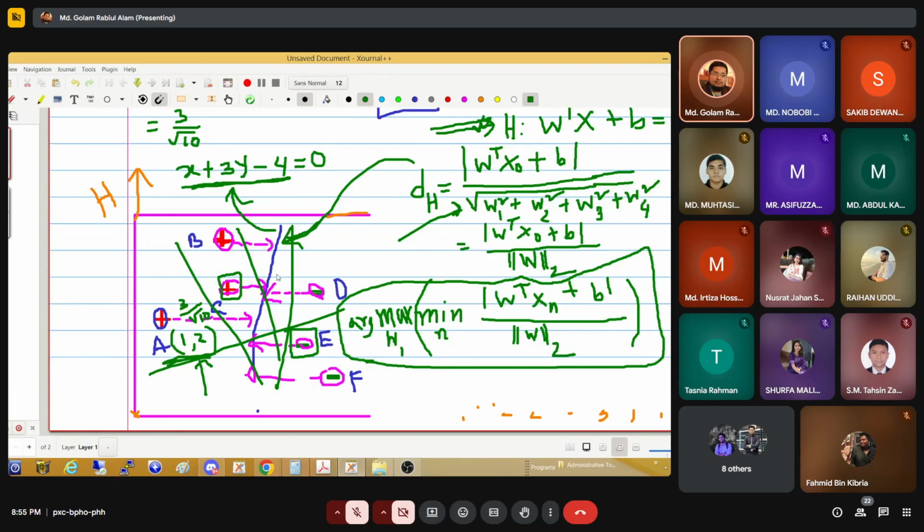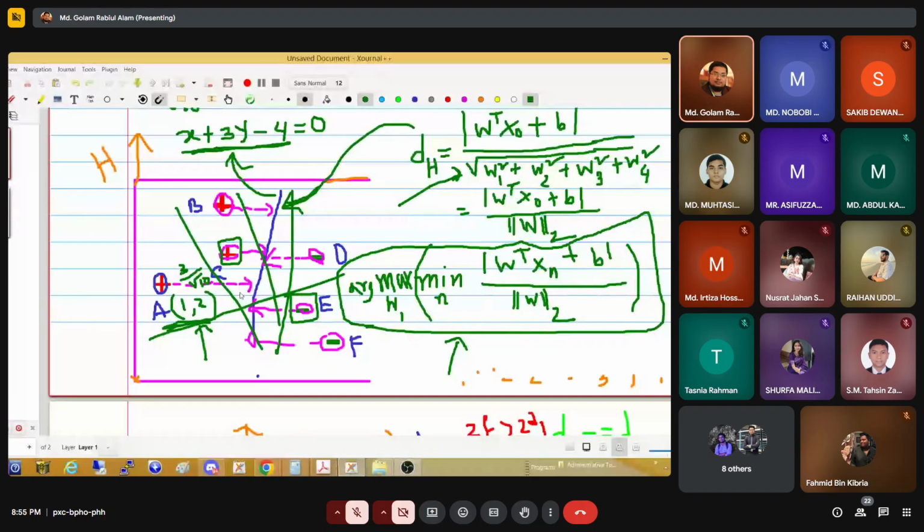In that case, we need to place our hyperplane in such a way that on one side the positive instances will lie and on the other side the negative instances will be placed. So that's why we need to add that condition to this objective.